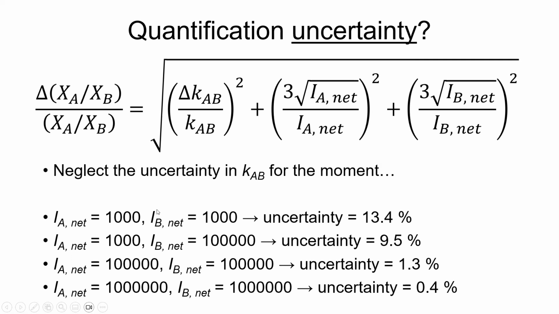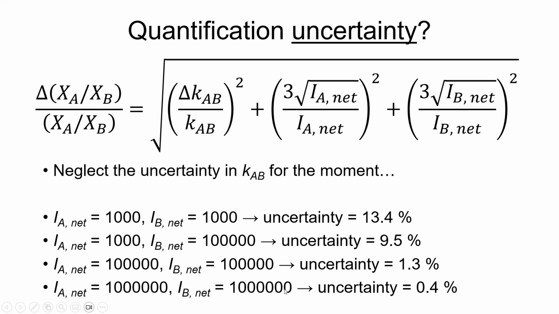So if we do the math here, let's say we have 1,000 net counts in each peak. That ends up giving us a relative uncertainty in the ratio of 13.4%. If I go to 100,000 in the B peak, my uncertainty drops to just under 10%. If I go to 100,000 in both, I'm down to 1.3%.